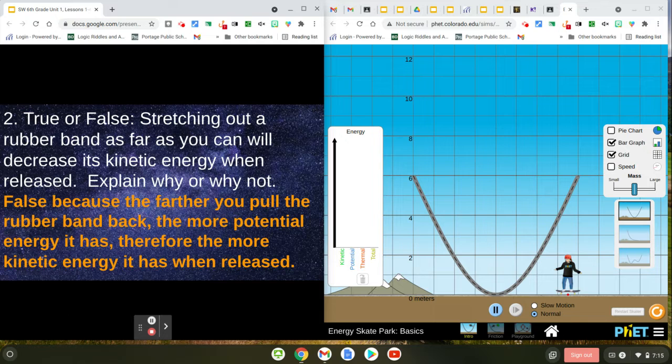Therefore, the more kinetic energy it will have when released. So we learned in a lot of different investigations, the rubber band, the pullback car, that when we pull something back and we give it more potential energy, it will have more kinetic energy. It will go farther. It might go faster.